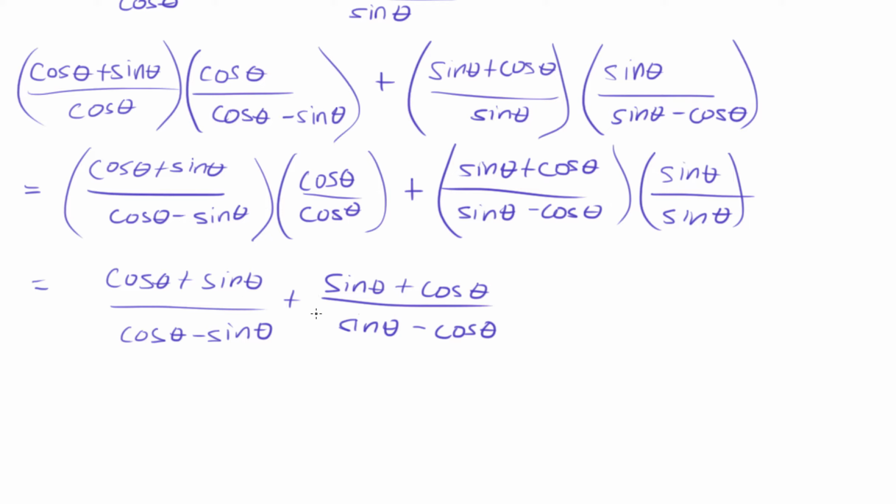Notice that the denominators are almost the same, but the signs are inverted. So I'm going to multiply the right one by -1 over -1, okay? And by doing that, I have to distribute this -1 onto both. So on the left side, I leave it alone.